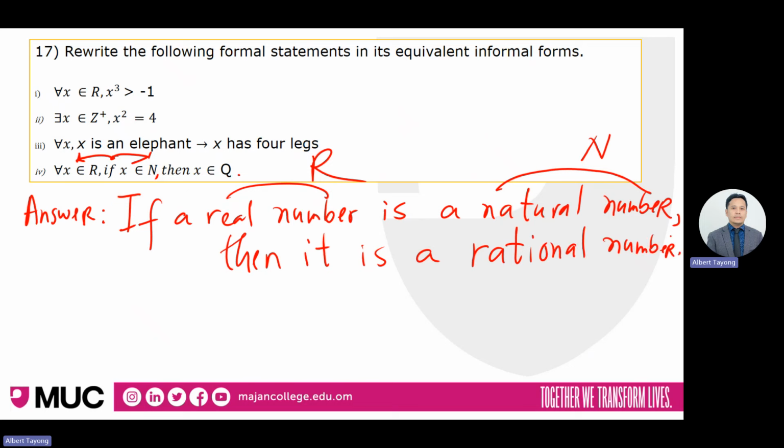Okay, that's how to translate that into an English sentence. If, go to the left, a real number is a natural number, and then it is also a Q, rational number. Okay, so this is how to translate from symbolic or from predicate form to English sentence or informal form.